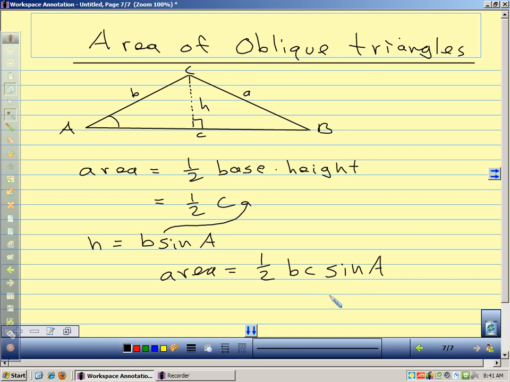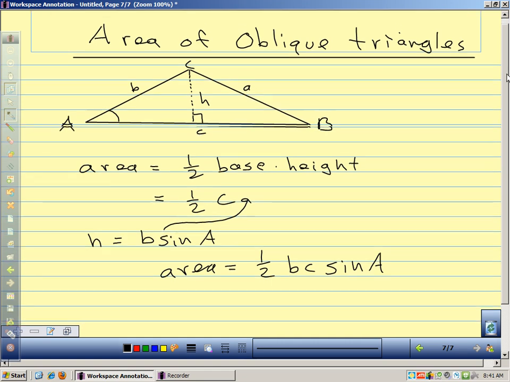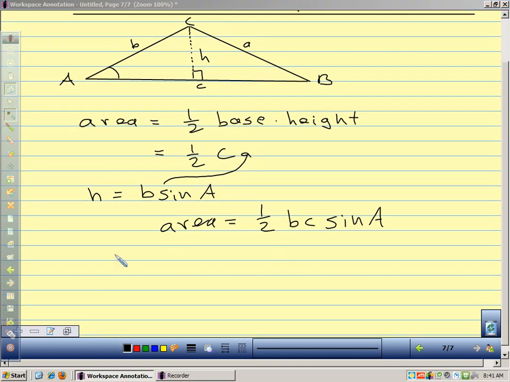We can do the same thing with the other sides and the other angles if we draw our height in from the different angles, and we can come up with 3 area formulas for an oblique triangle. So we have 3 area formulas.